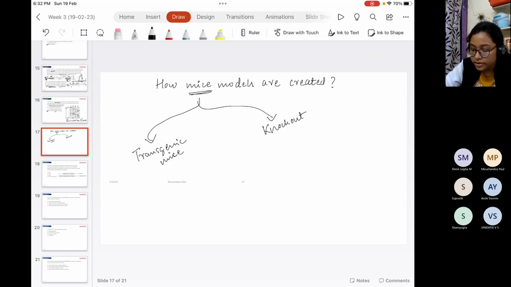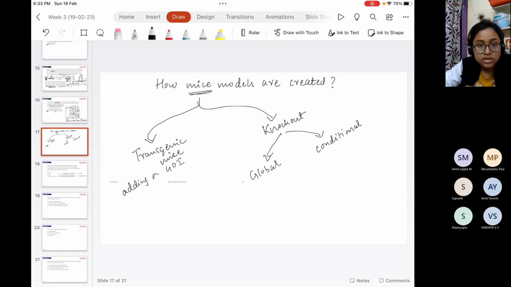Okay, now knockout can be global or it can be conditional. You guys have seen the lectures, so you would know what I'm trying to say, right? So for transgenic mice, we are adding or inserting a gene of interest. So using transgenic mice, we can study gain of function mutations.